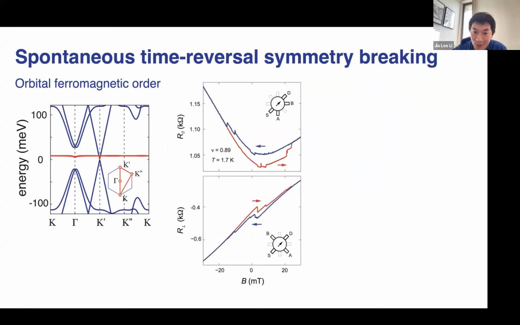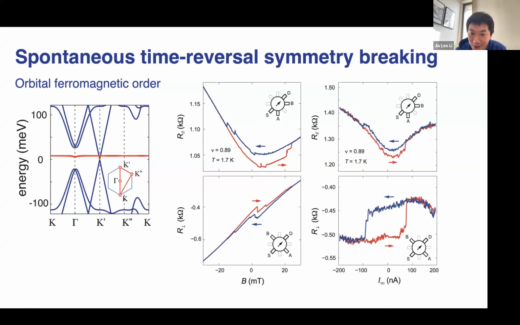As a result, when you try to measure the magnetic hysteresis, at least in the Hall channel, there's a very big slope that makes this loop look somewhat small, although you can see that there definitely is a magnetic hysteresis loop.